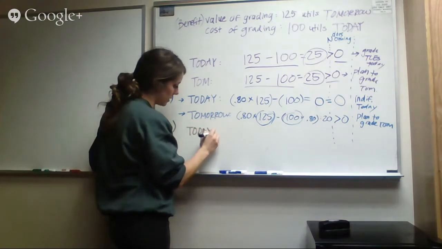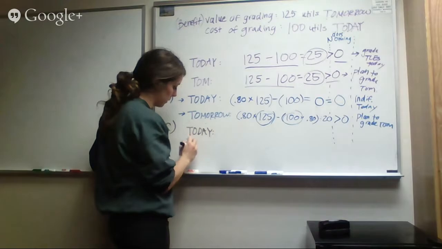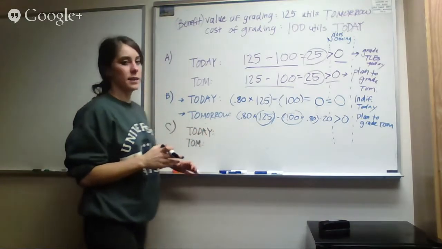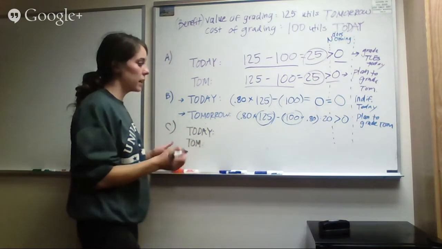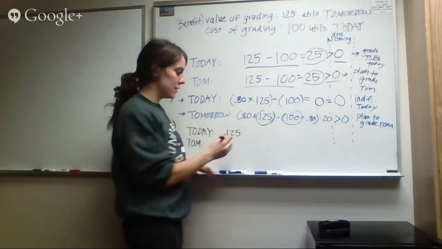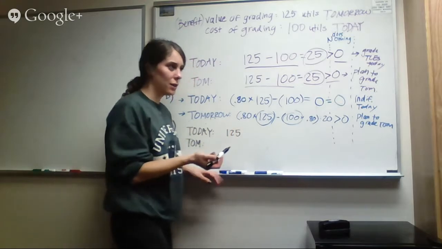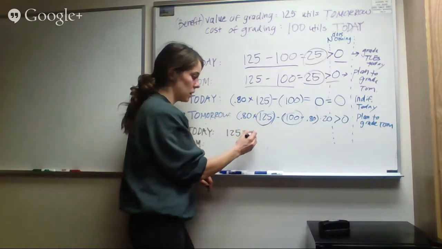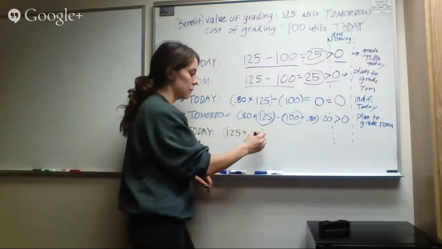Dr. Turley's sitting down, trying to do his economic calculations about whether or not he wants to do grading. He thinks to himself, hey, I'm going to get 125 utils out of this, but it's not going to be until tomorrow, and I don't really value tomorrow as much as I value today. In fact, I only value it half as much. So I'm going to multiply that benefit times 0.5.